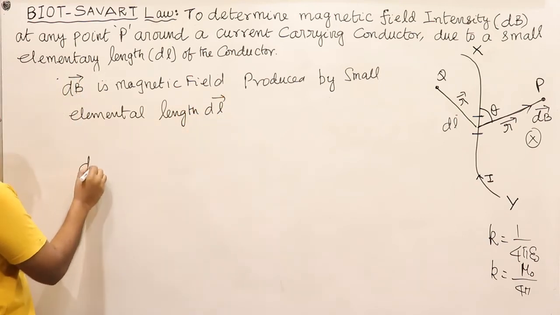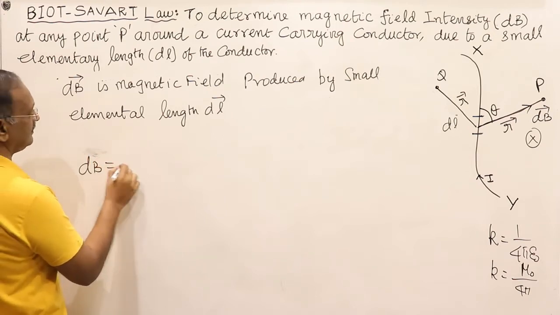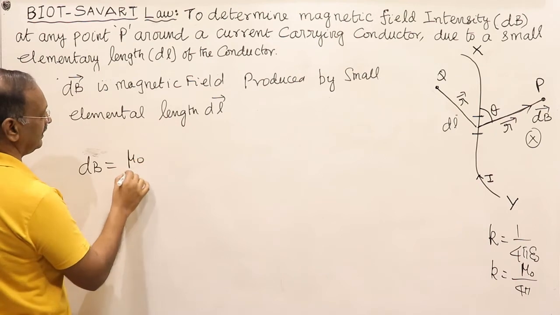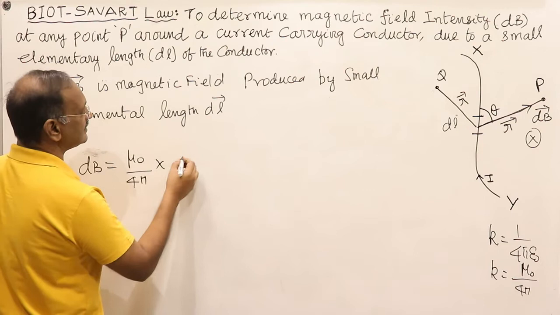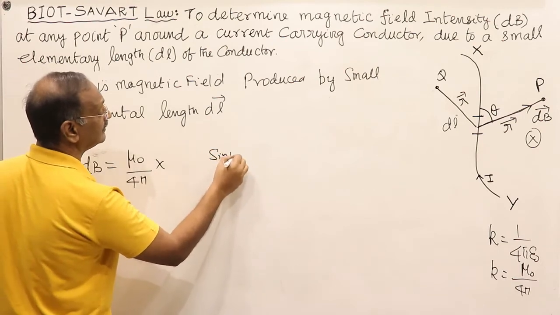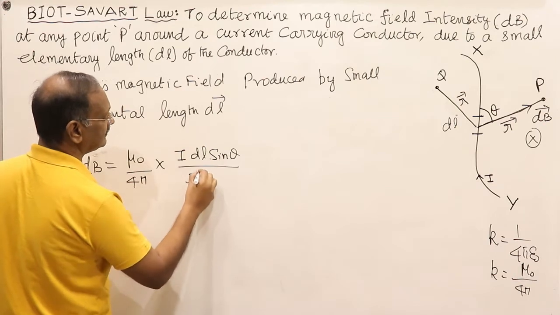And therefore, first we will write dB is equal to 1 by 4 pi epsilon naught, 4 pi epsilon naught, it will go on the top, sin theta divided by this one.